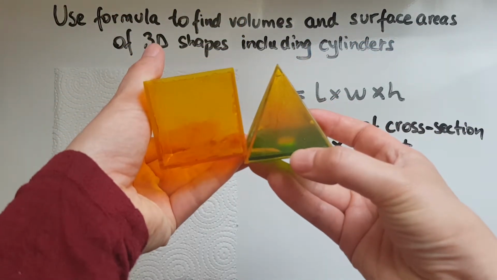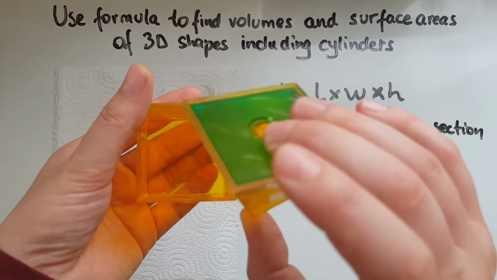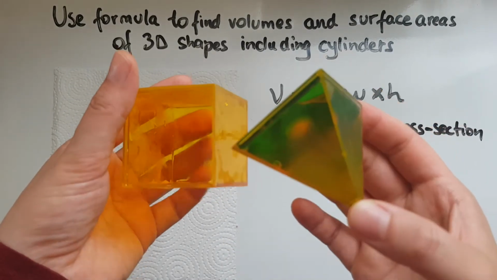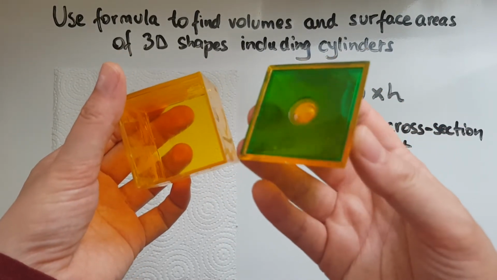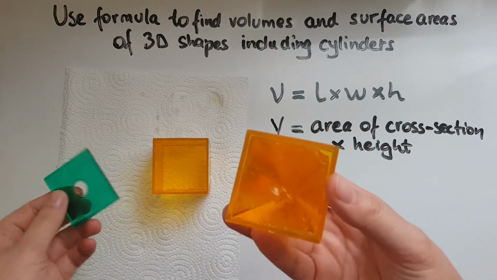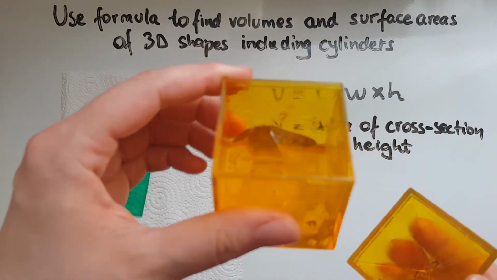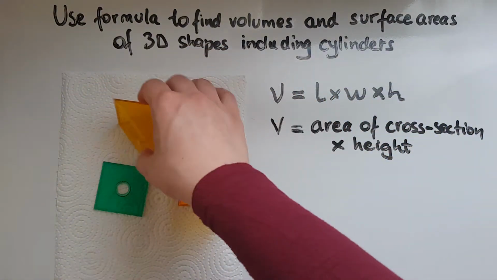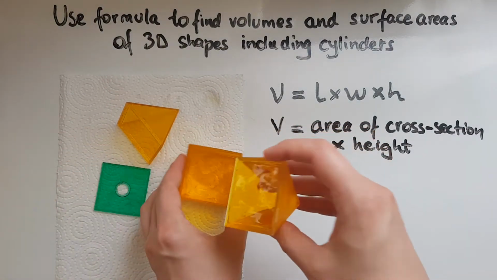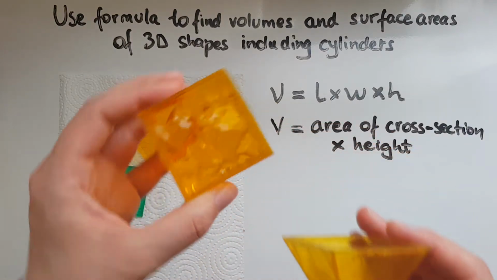So if I try and put the jelly into the cube, how many of these would make a cube? I'll try and put it inside. I've put one and it's not filled. I'll try and put another one to see if that fits and if it fills it up.